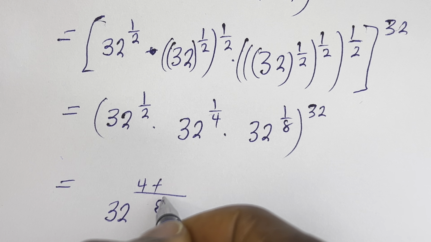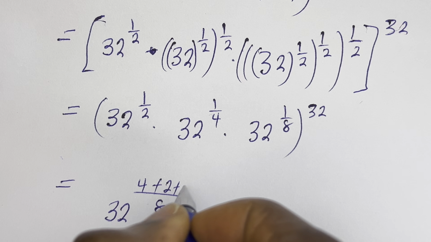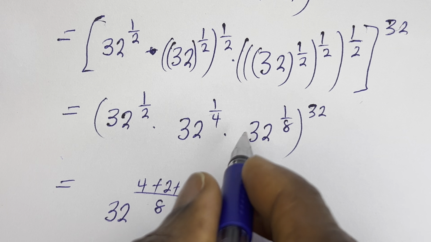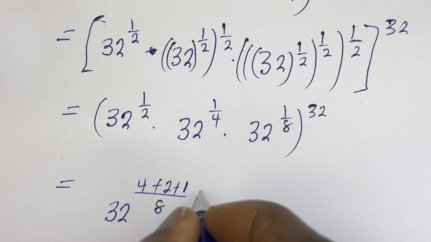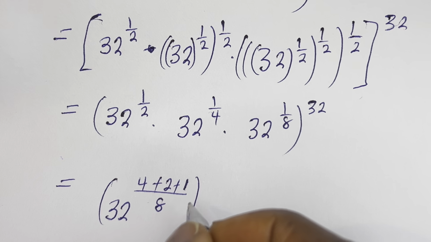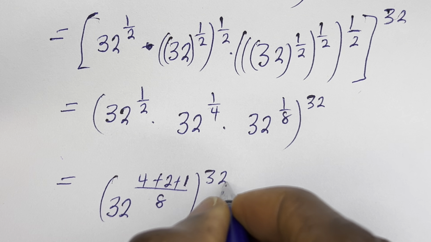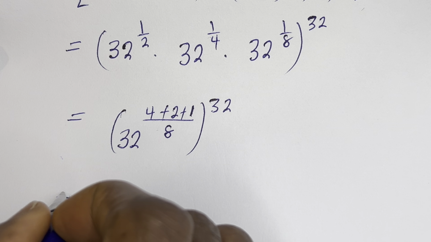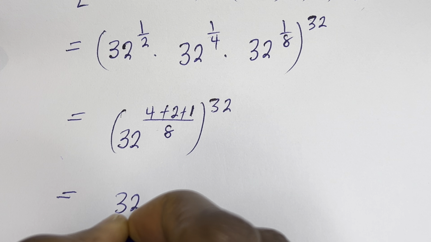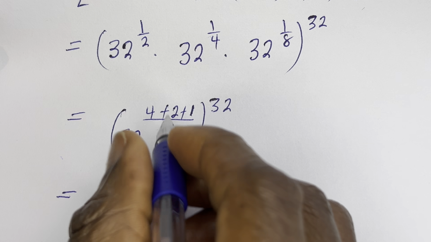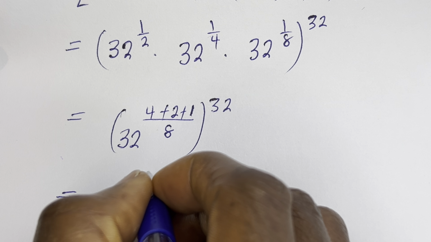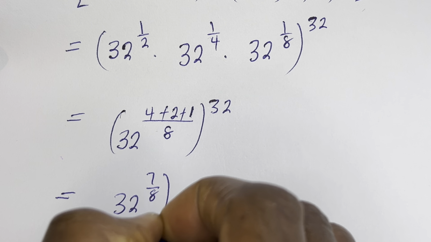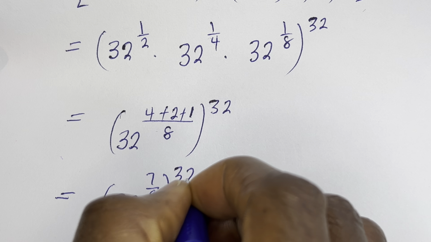Then 4 in 8, 2 times 1, 2, plus, this is 8 in 8, 1 times 1, 1. All to the power of 32. Then this is equal to 32 to the power of 4 plus 2 plus 1, that is 7 over 8, all to the power of 32.